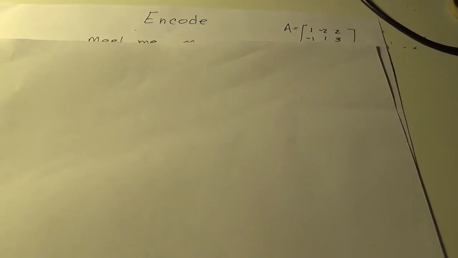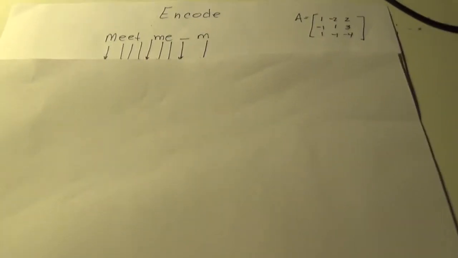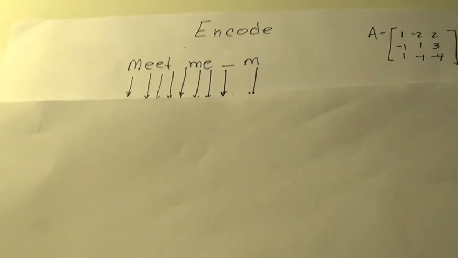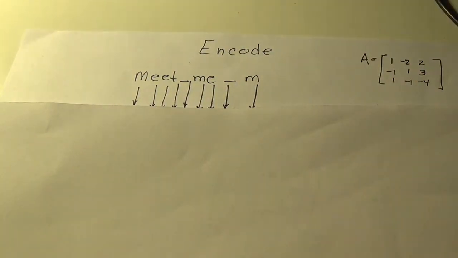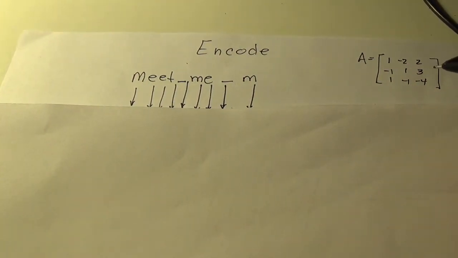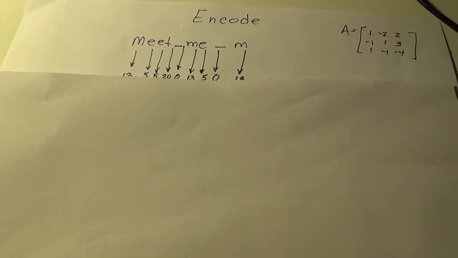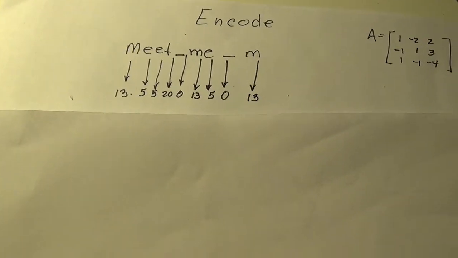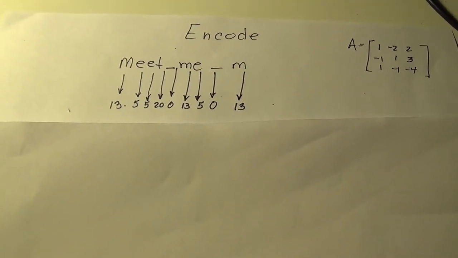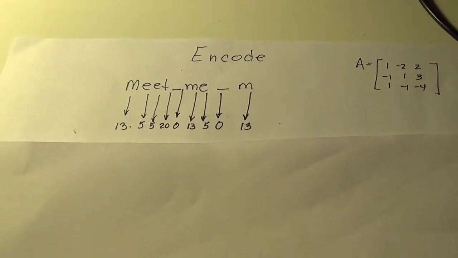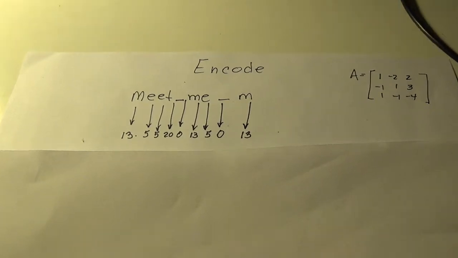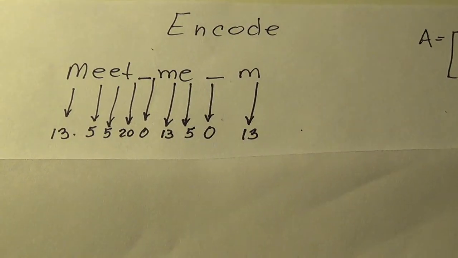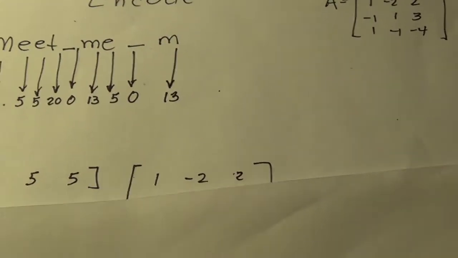Alright, so to start, we already know that it says meet me blank meet blank me blank M. Here's the matrix that we're using. Beforehand, we've agreed upon that matrix. It's not changed. And we know from our alphabet the corresponding numbers. Okay. So I'm going to take those in sets of 3.